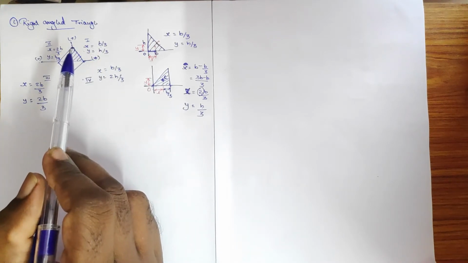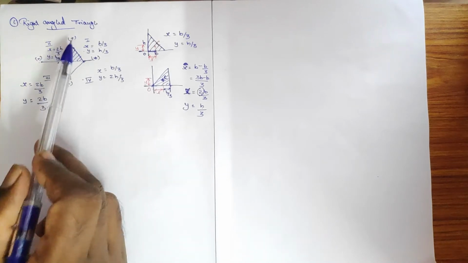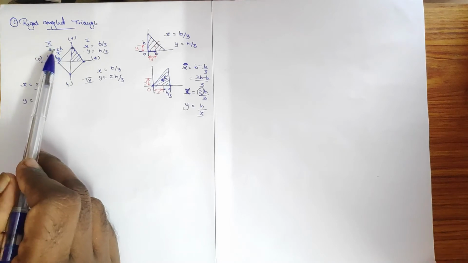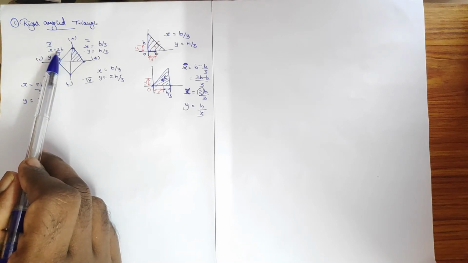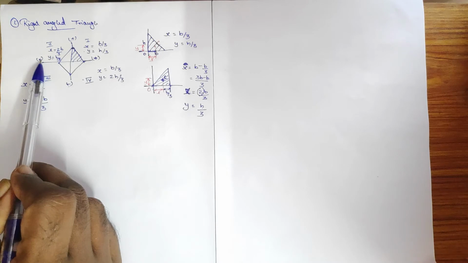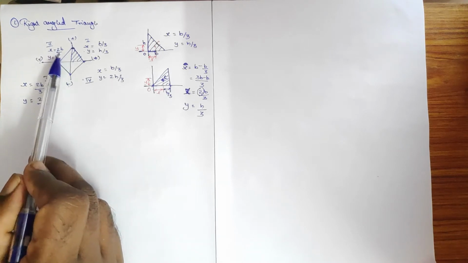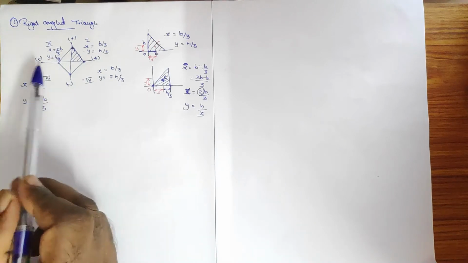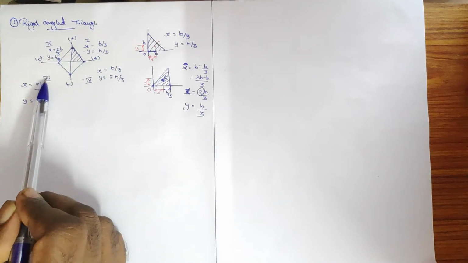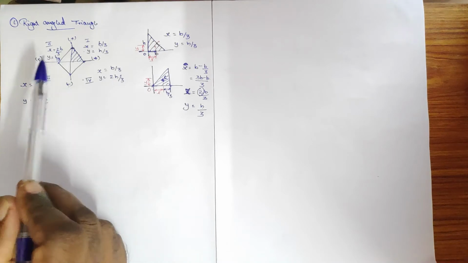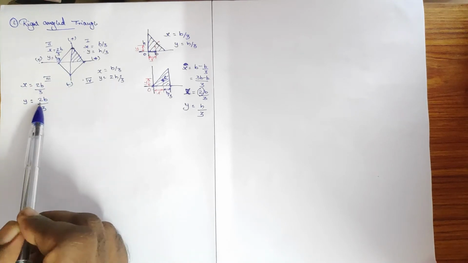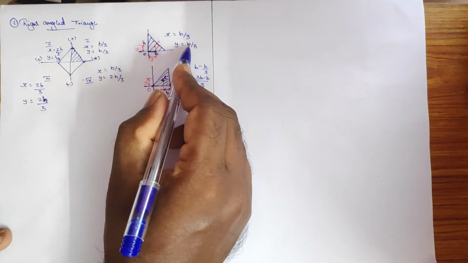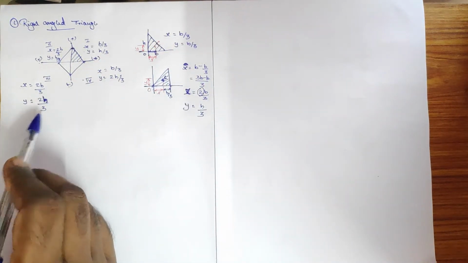The tip I give you is, if the coordinate x or y has a negative sign, that particular thing you need to multiply by 2. Here x is a minus, so 2b by 3, naturally b by 3, but here 2b by 3. For the third quadrant, x and y are both minus, so both 2b by 3 and 2h by 3. It's a commonly committed mistake: for y it's h by 3, so 2h by 3.